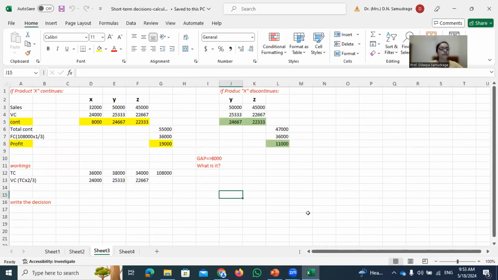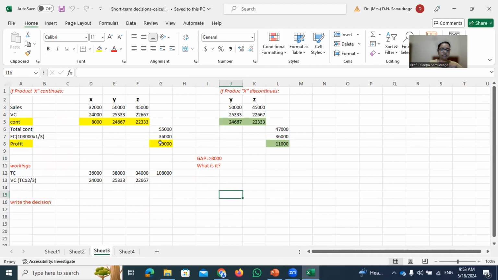Here you can easily say, if product X continues, as you showed in your presentation, this is the figure that you got, right?